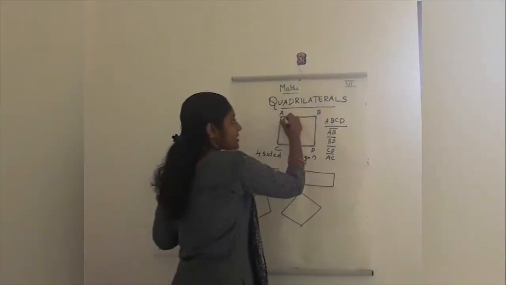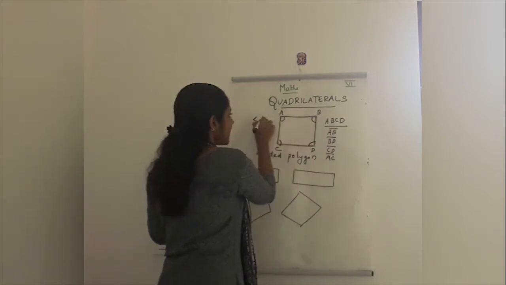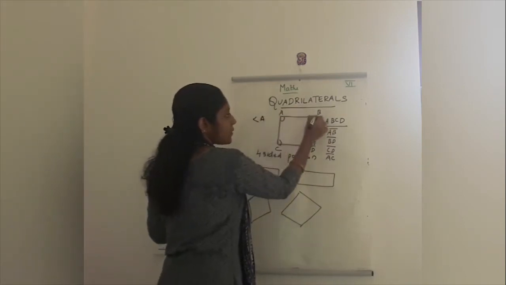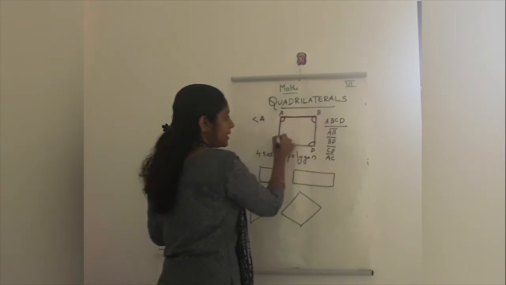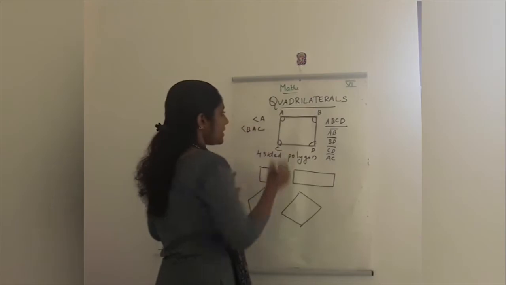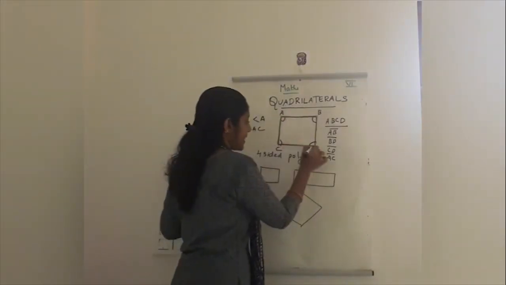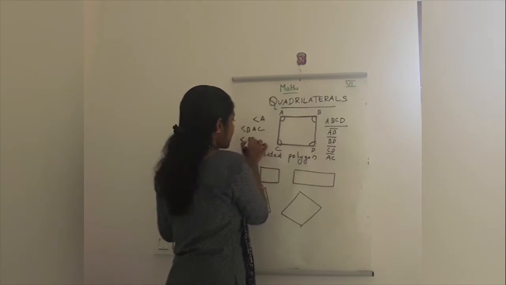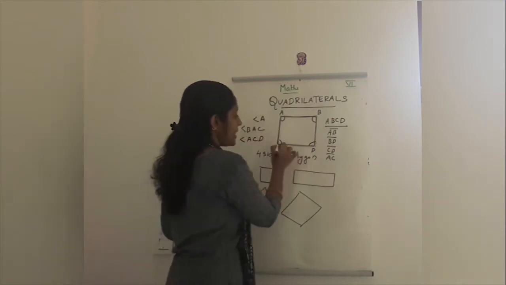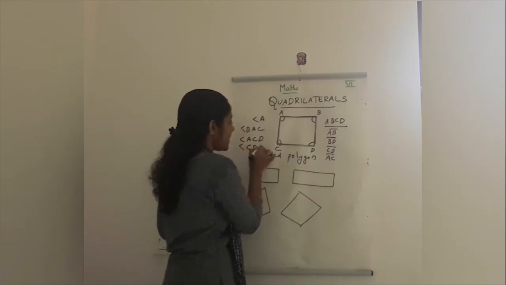In the same way, a quadrilateral has 4 angles also. Here is angle A. This is an angle, that is angle BAC, with the vertex A in the middle. In the same way, this is an angle, angle ACD. Then this is also an angle, angle CDB.